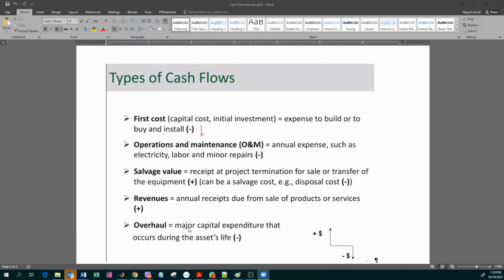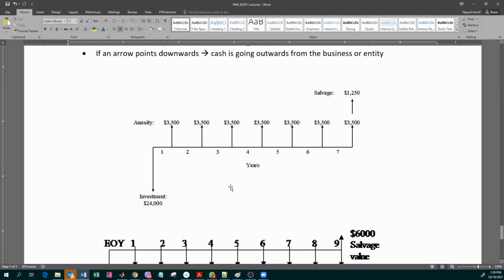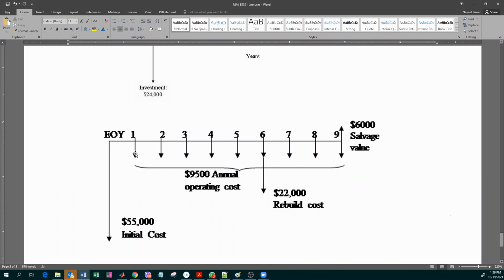So that's why you always have an annual cost. Let me show you the other diagram. When I flip over to the other Word document, are you able to see it? Yes, sir. Can you see that in the second one there is always a downward arrow pointing downwards? So that was your maintenance costs or your operating costs.